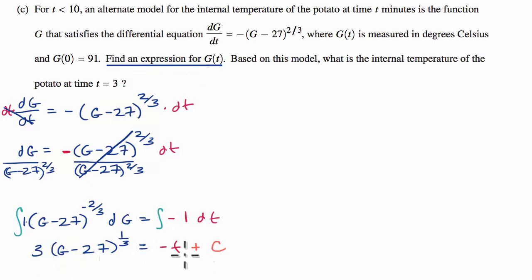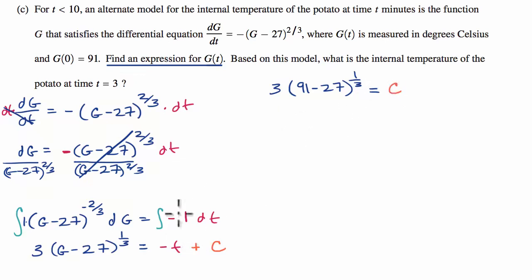So how can we solve for c? Well, they give us some information. They say g of 0 is equal to 91. So let's write that down. When t is 0, g is 91. So 3 times (91 minus 27) to the 1/3 power is equal to negative t, and t is 0, so we could write negative 0 there, or we could just not write it, plus c.